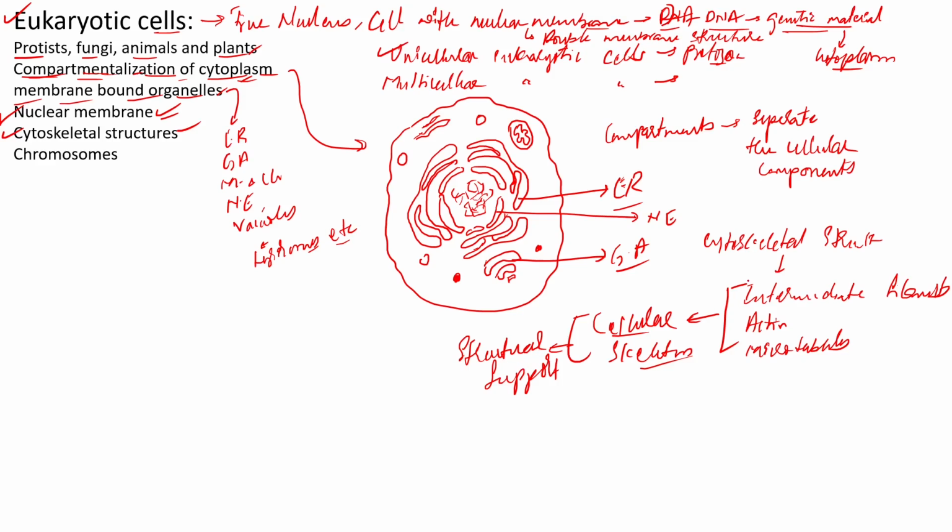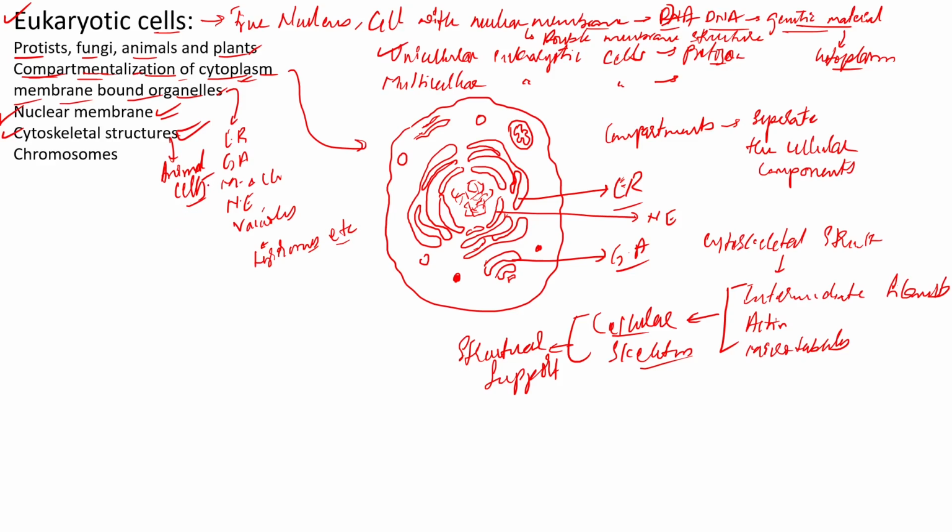See, the function of these cytoskeletal structures is much clearer in animal cells, because in animal cells you do not find any rigid structure such as the cell wall. In plant cells, you mainly find a cell wall, which gives shape and mechanical support to the cell.